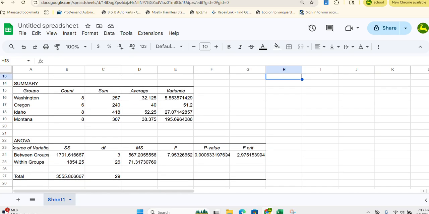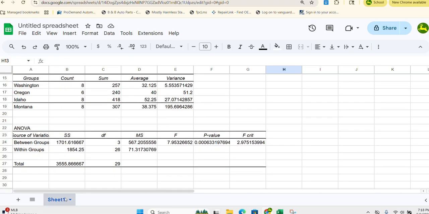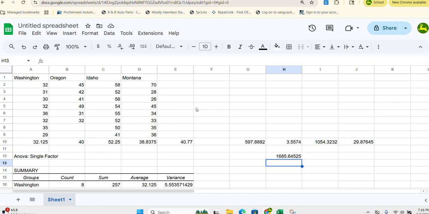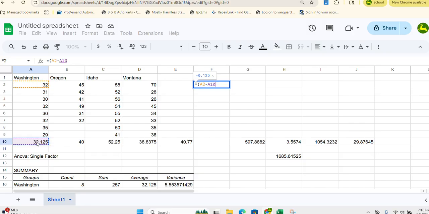And then the other thing I would say is this for the within groups, of course, same thing we did before. Equals parentheses this guy minus his average, with a couple dollar signs on that one. Squared.